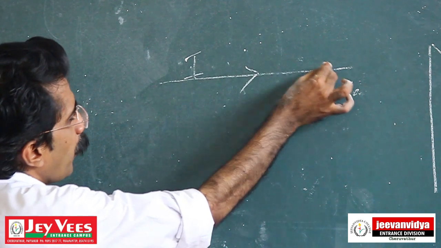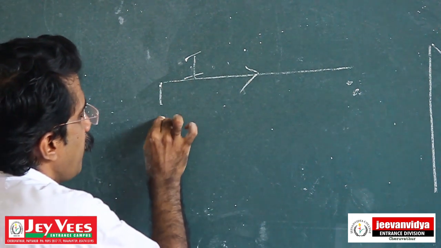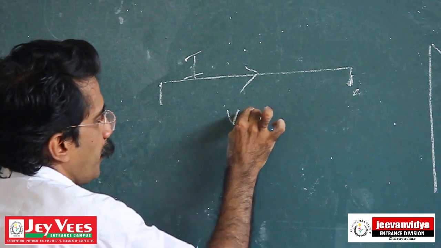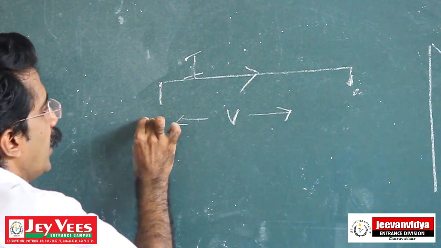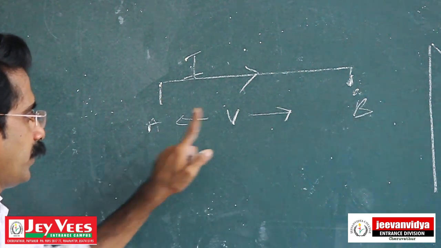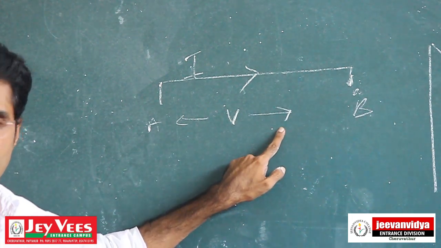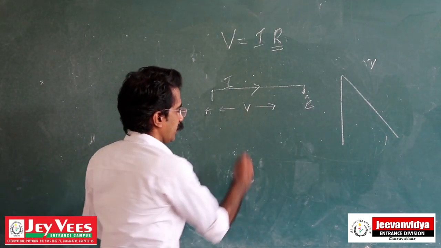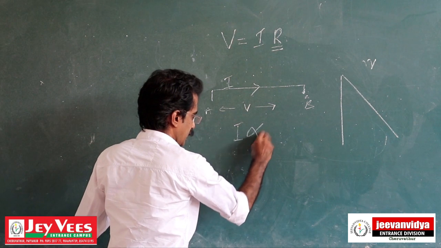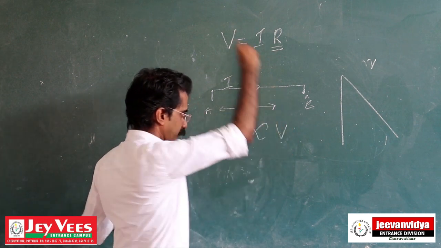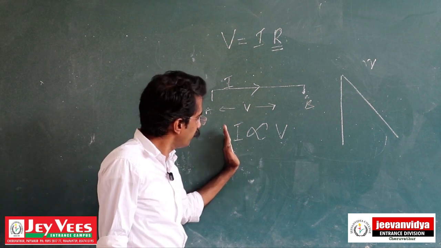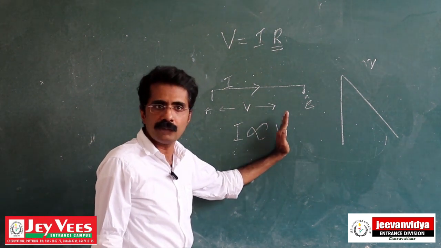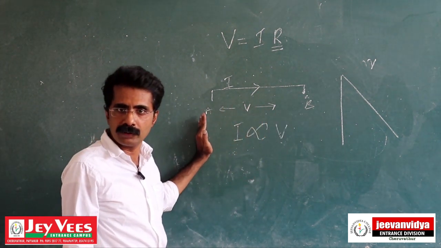It is directly proportional to the potential difference between the ends. There are 2 points, first A and another B. There is a potential difference. I is directly proportional to V, or V is directly proportional to I.